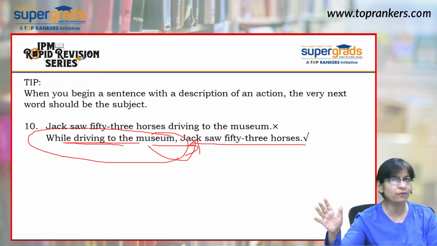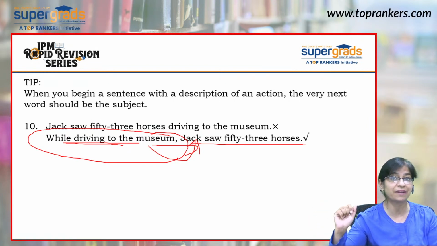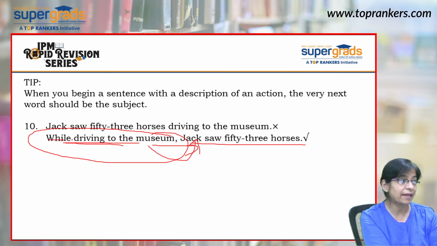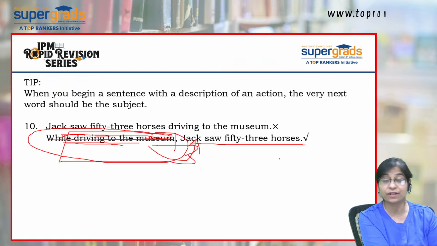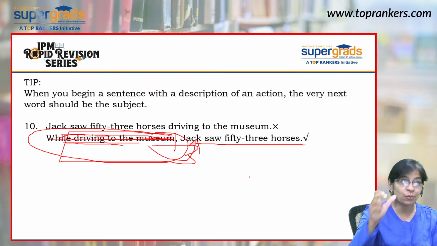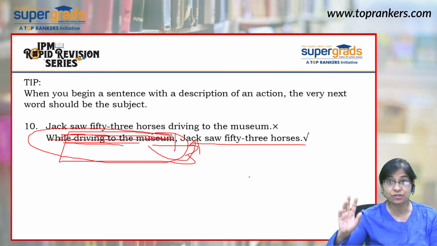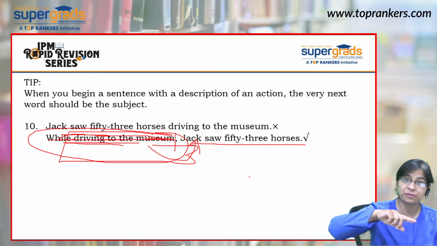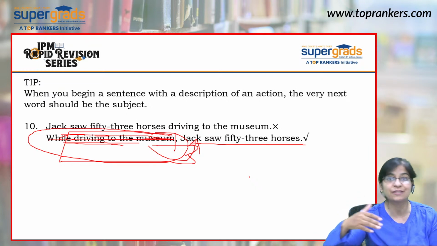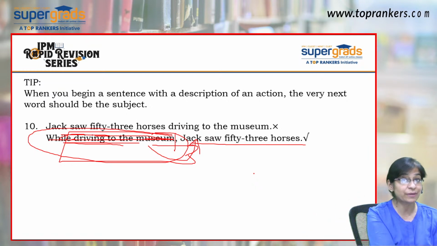So there's a very good way to find out whether you're thinking on the right lines or not. Let's say I remove this part. Jack saw 53 horses. Does this part have any effect on the structure of the sentence? No, it doesn't, because this is more like a phrase that tells you more about Jack. What was Jack doing? He was driving to the museum. But then what did he see? He saw 53 horses. Let's look at another example.